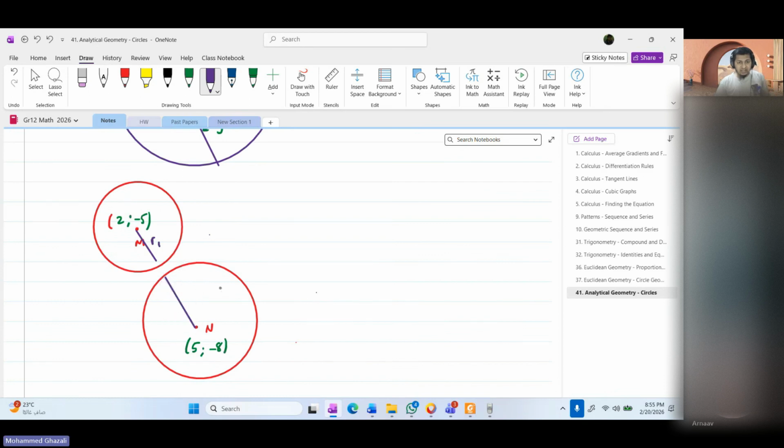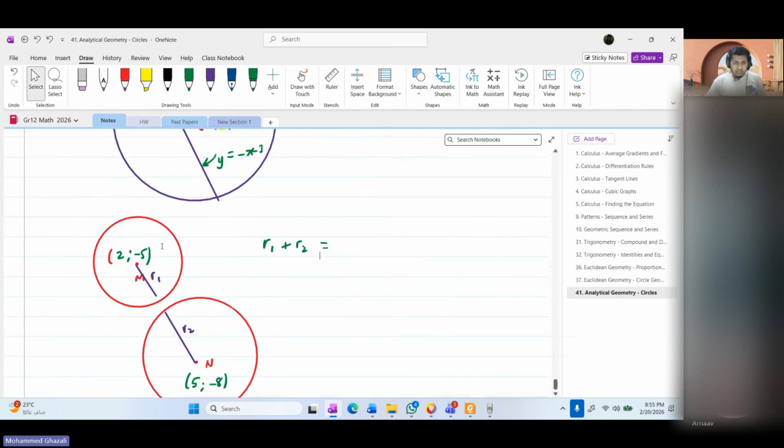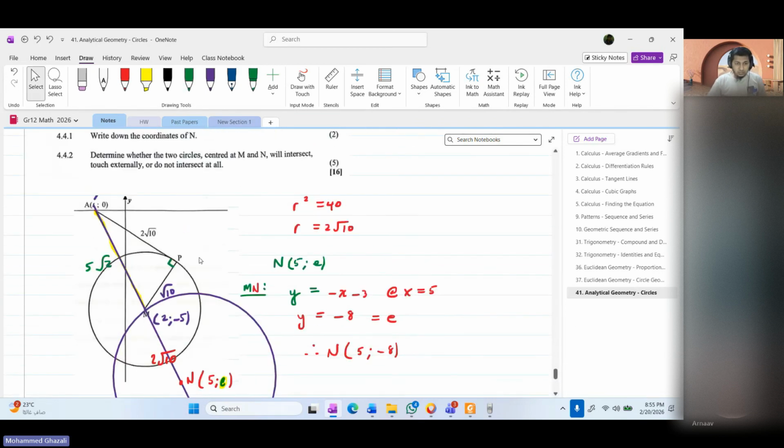Right, so first you add the radius. This is radius 2, right? So what is R1 plus R2? R1 plus R2 is equal to, what's R1? The radius of the small circle, R1 was root 10, isn't it?